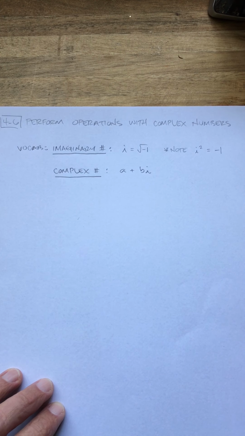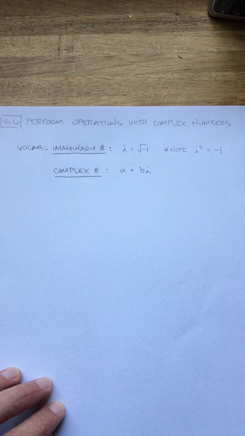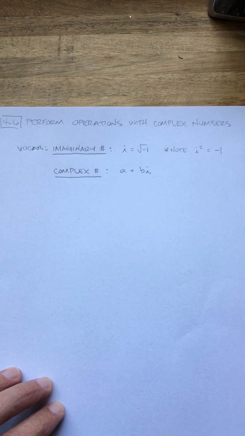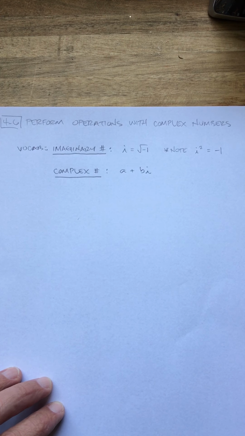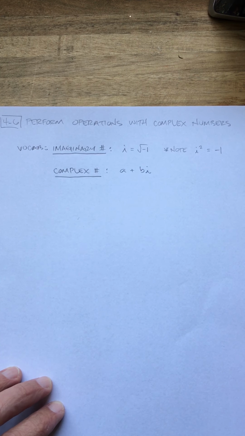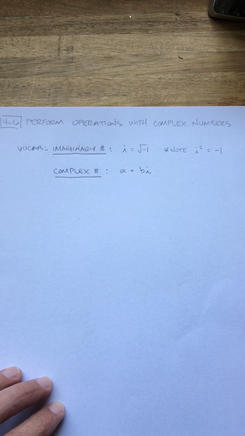You cannot take the square root of a negative number, okay? You can't take the square root of a negative number because that would imply that two identical numbers, when you multiply them together, would give you -1. Okay? Think about that for a second.